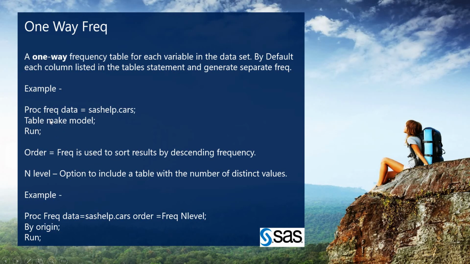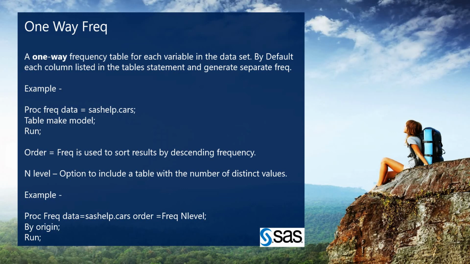Okay, so for proc freq, you need to write proc freq, then data, then your table. Let's suppose in the table you're looking for make, model, you could write anything. Then we have the order option. Order equals frequency is used to sort the result by descending frequency.